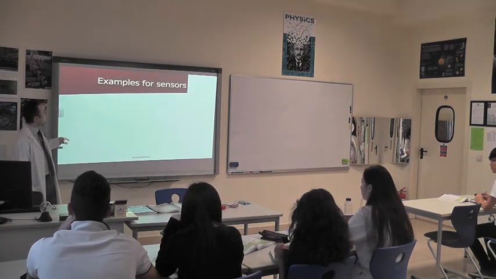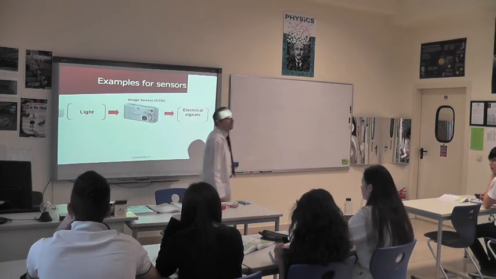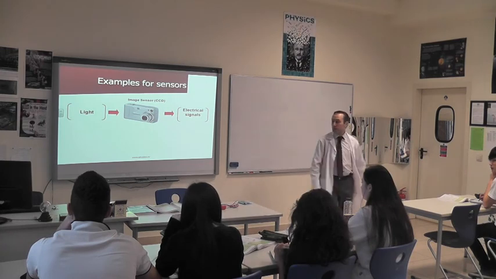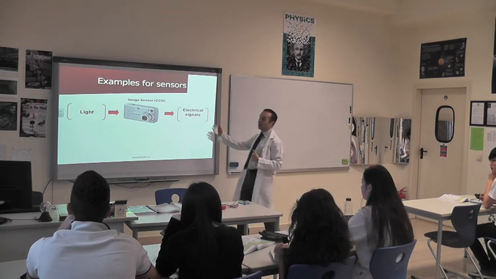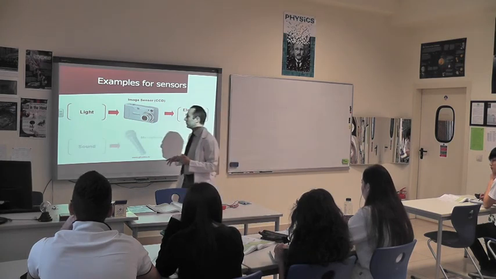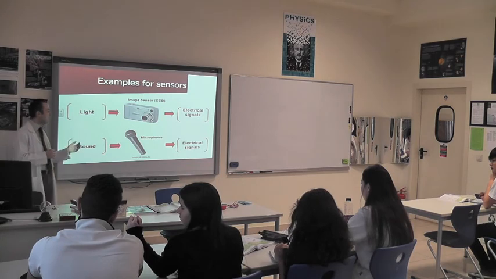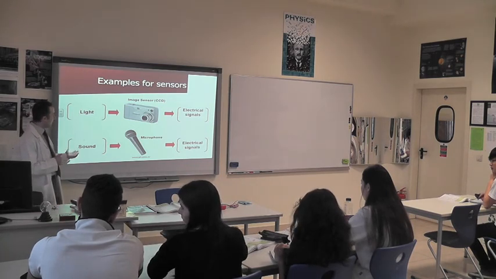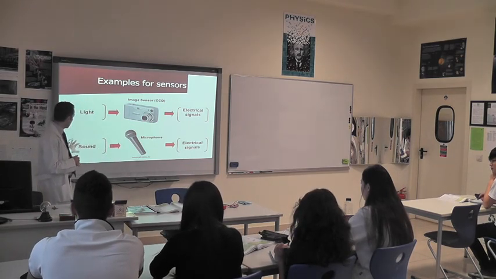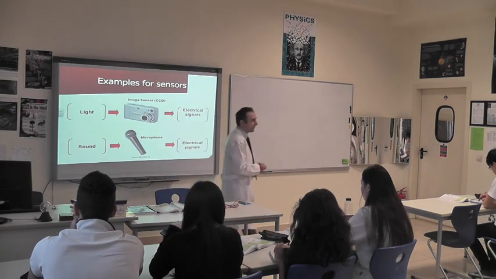And if you are using a sensor, for example, an image sensor, a CCD in a camera, you just change light into electricity, right? So most electric devices use the same method of electronic control system. For example, the microphone converts sound into electrical energy.